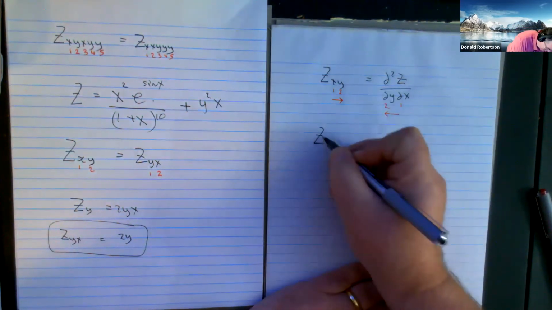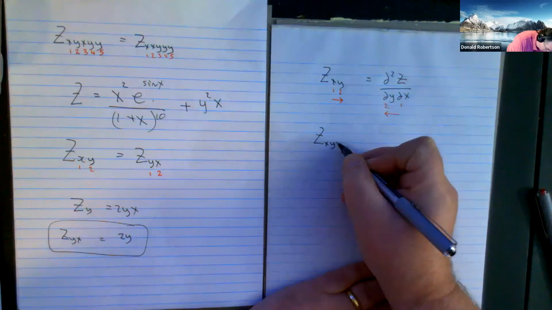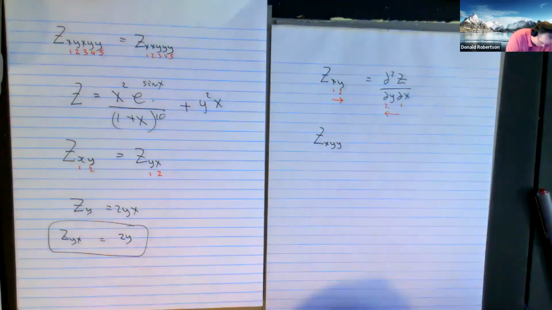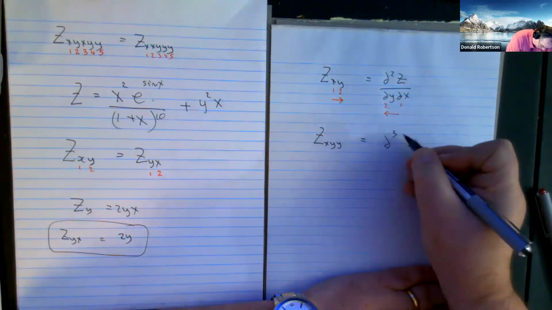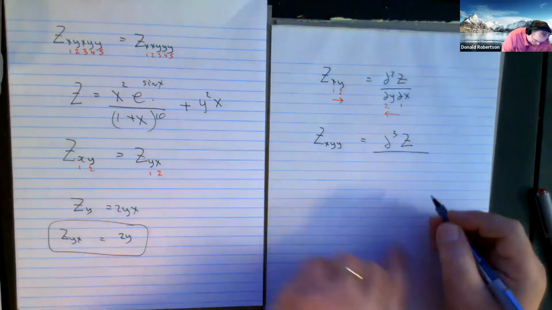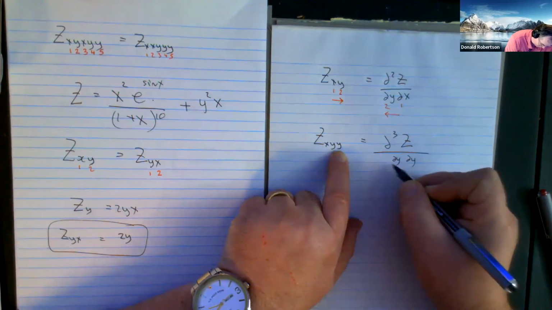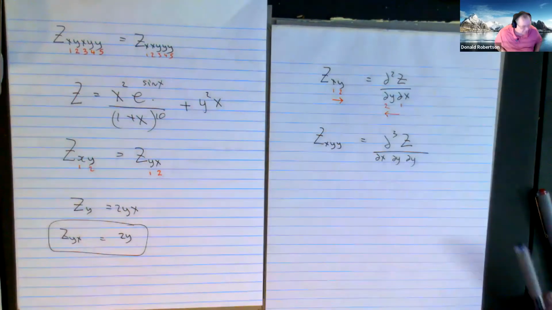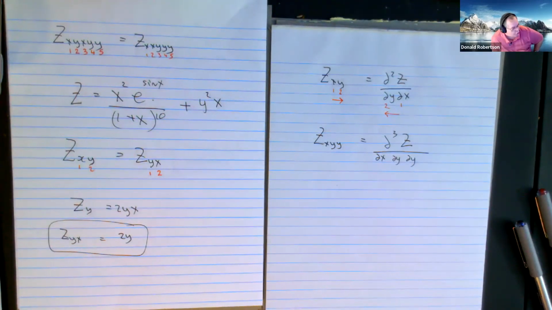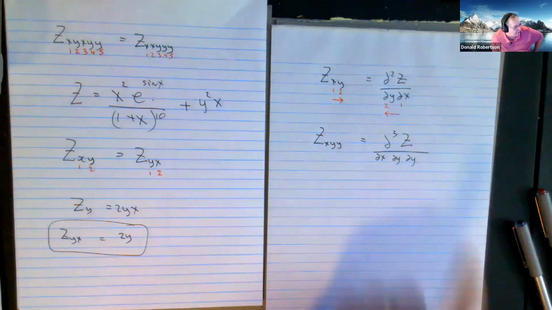Give you another example of this ugly notation. This is ugly. If I said to you x, y, y, just for argument's sake, it's a third derivative. That top part's not bad. The bottom part is a problem. Would you agree this notation is very clunky, right?